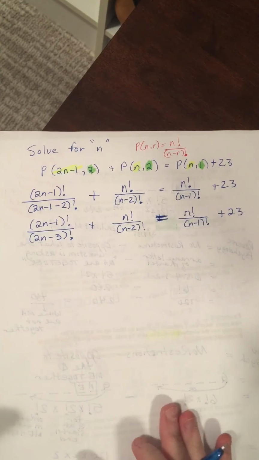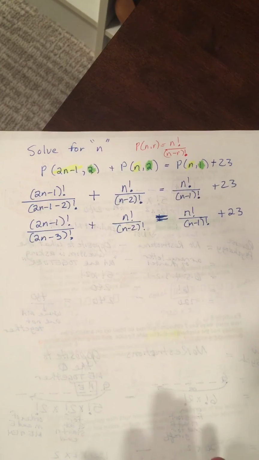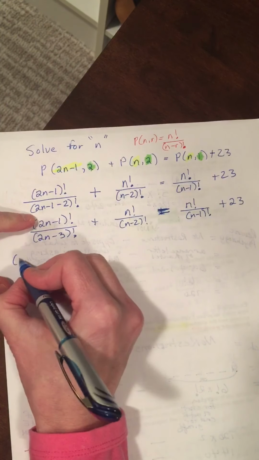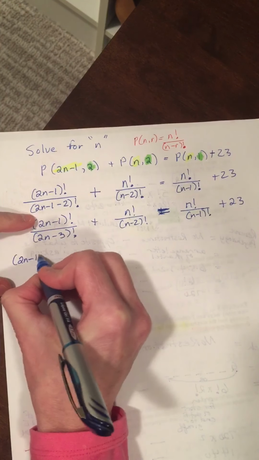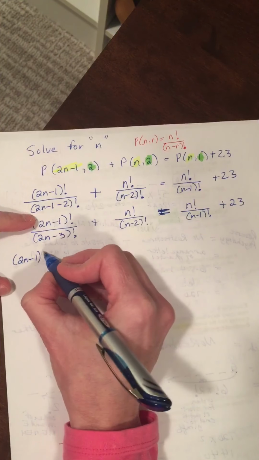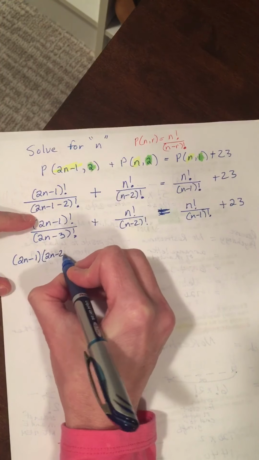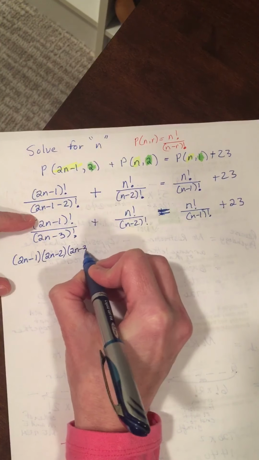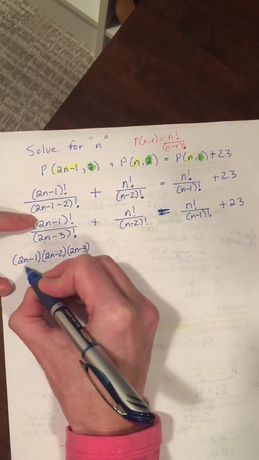And remember, when we were cleaning up factorials, we always were looking for where the repetition was going to start. So hold on, I'm going to start with this one. That's my n, n minus 1, n minus 2.